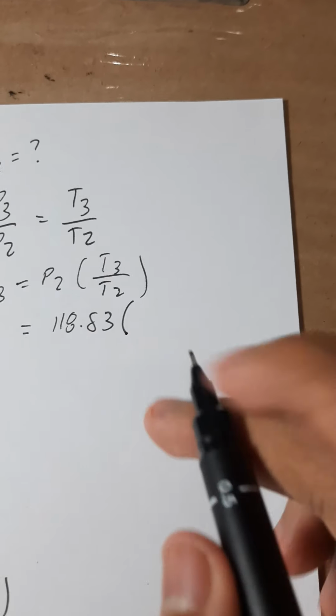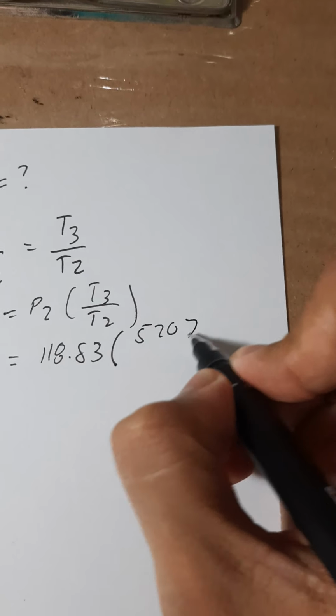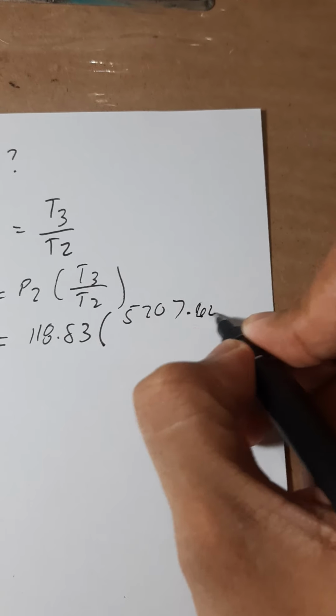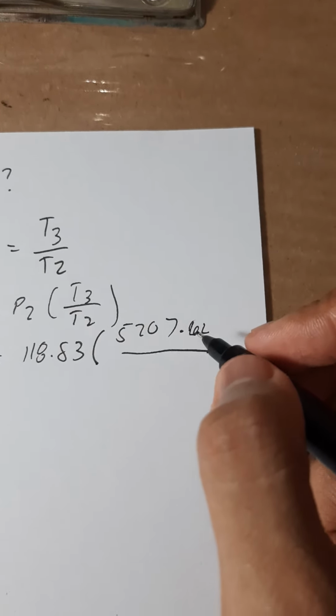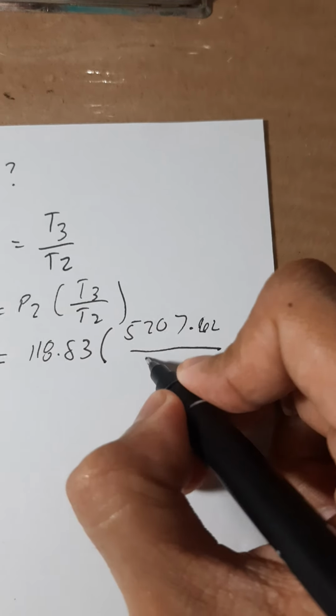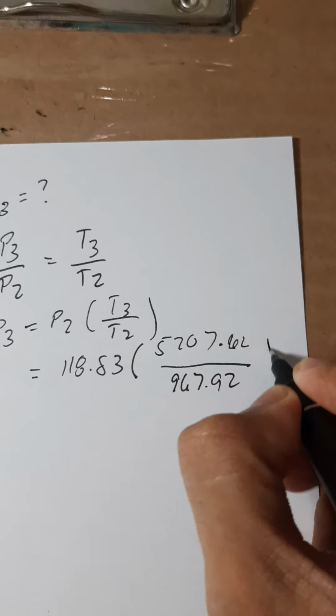Our temperature 3 is 5,207.62, and our temperature 2 is 967.92.